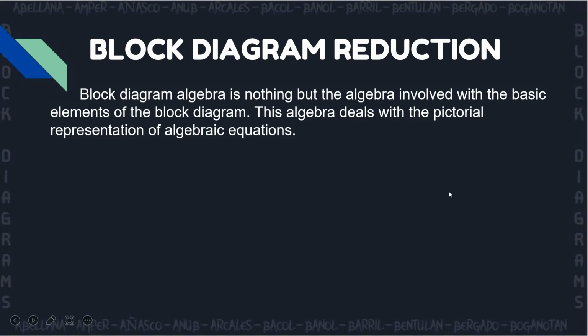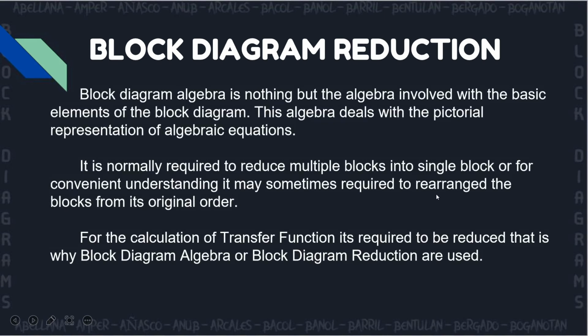It is normally required to reduce multiple blocks into a single block, or for convenient understanding, it may sometimes be required to rearrange the blocks from their original order. For the calculation of the transfer function, it's required to be reduced. That is why block diagram algebra or block diagram reduction is used.